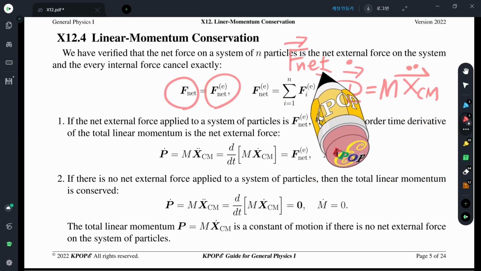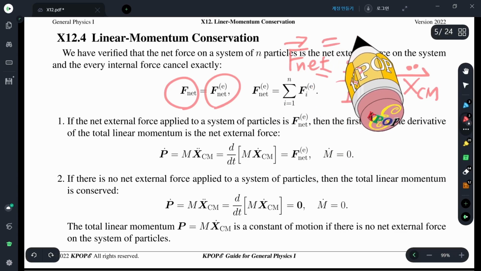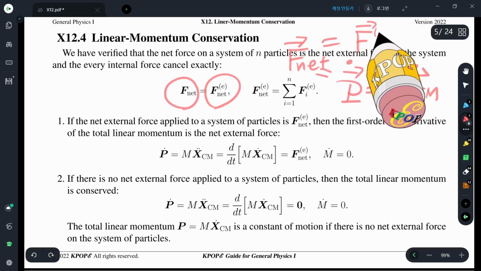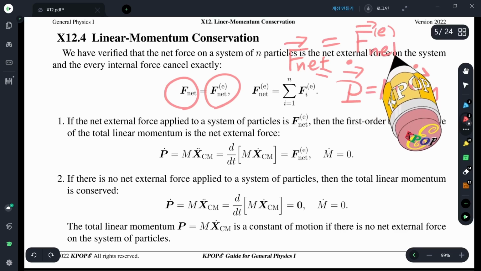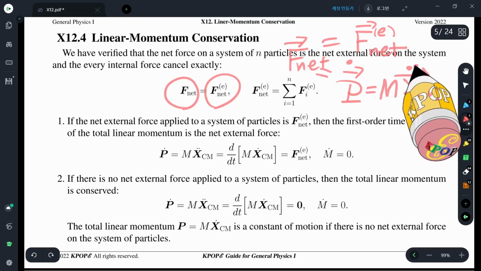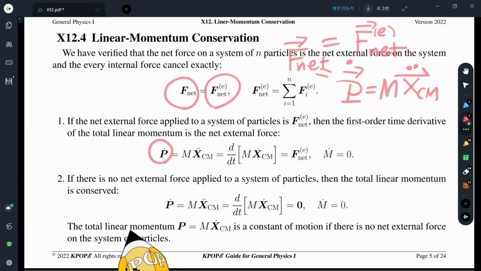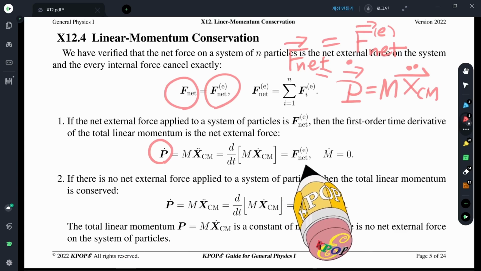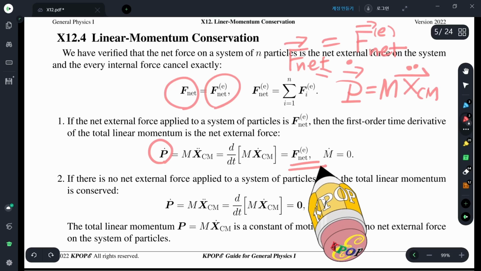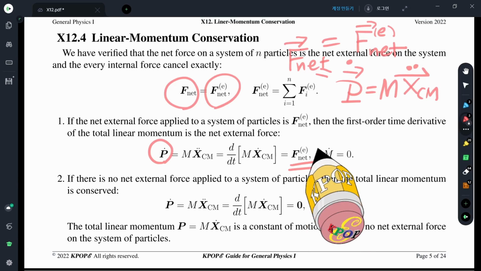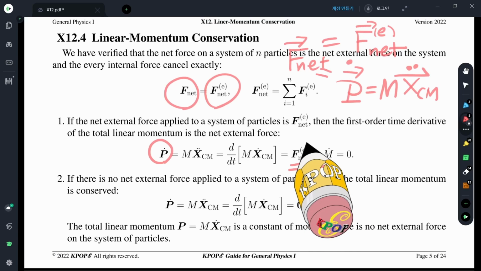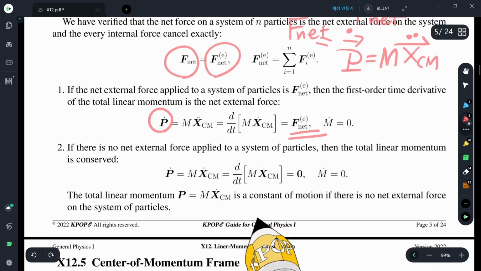And if the net force on this system is the same as the net external force, then the time derivative of the total linear momentum of a system of n particles should be the same as the net external force on this system of n particles.